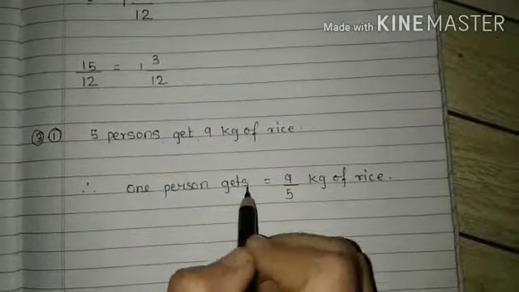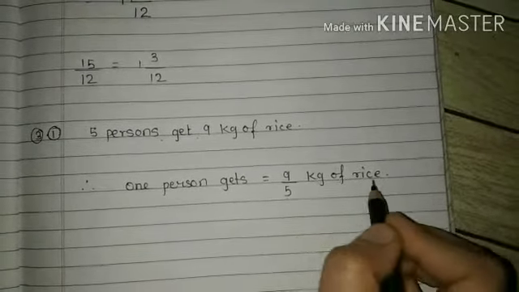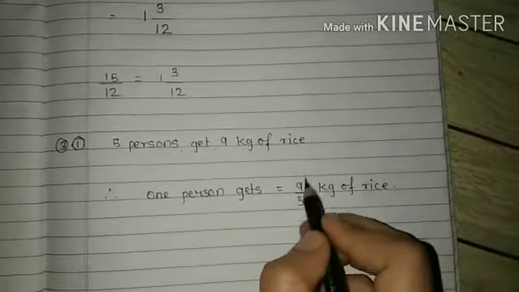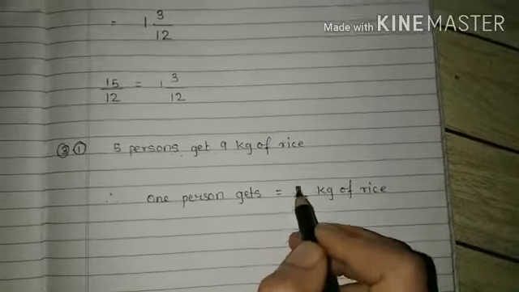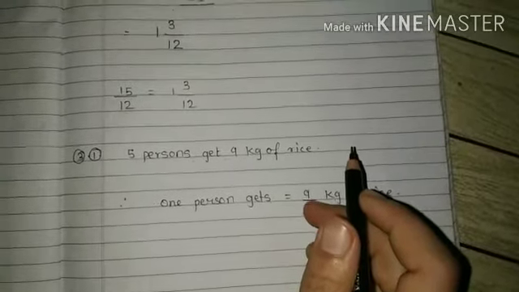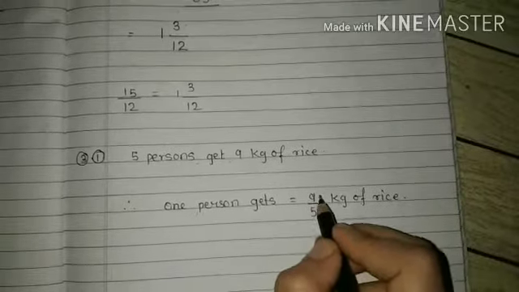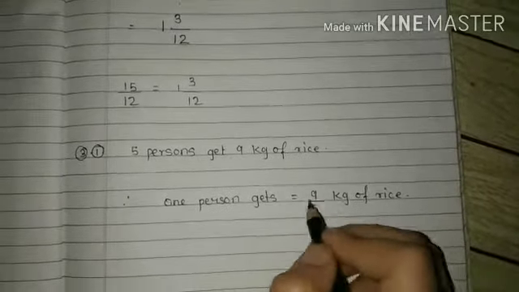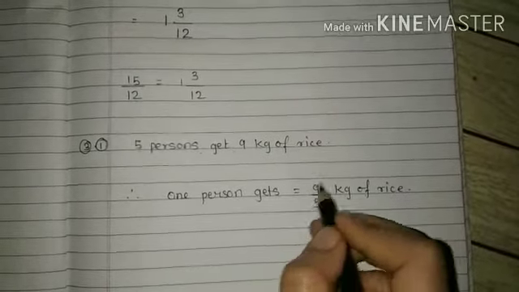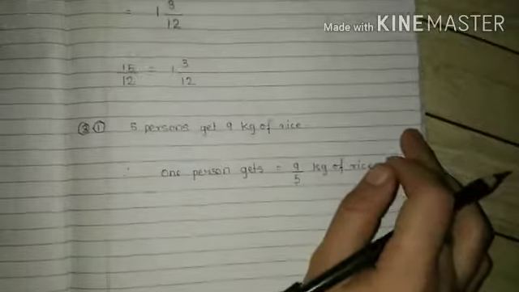So 1 person gets 9 upon 5 kg of rice, because we have to write this in fraction form. So 9 upon 5, because 5 is the number of people. So 9 kg rice we have to share among 5 people. So 1 person gets 9 upon 5 kg of rice. Hope you all understood this video.